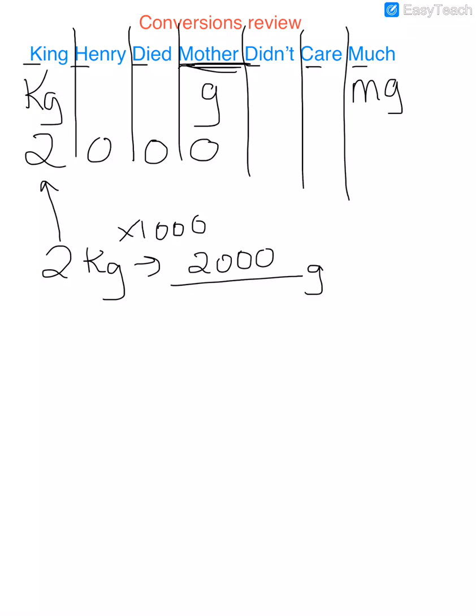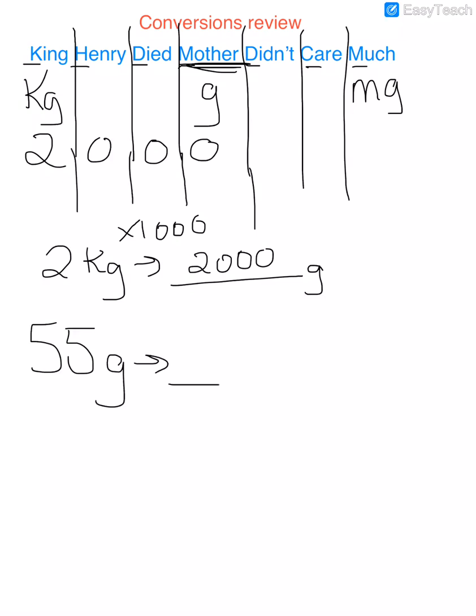Now let's try the opposite, from grams to kilograms. Say now I want to go from grams to kilograms, so we'll do 55, for example, 55 grams. How much is that in kilograms? So I'm going to place 55 over here.